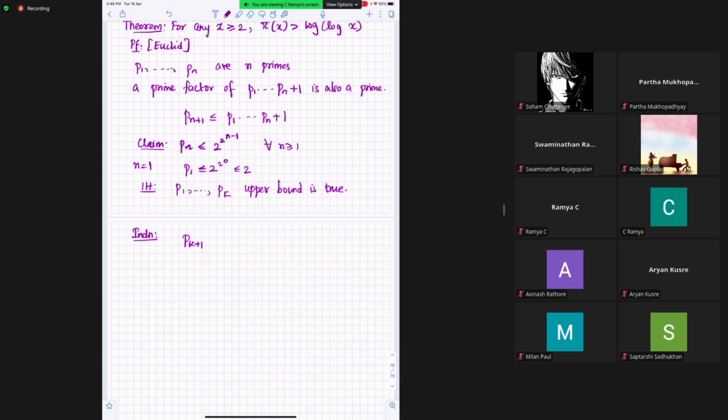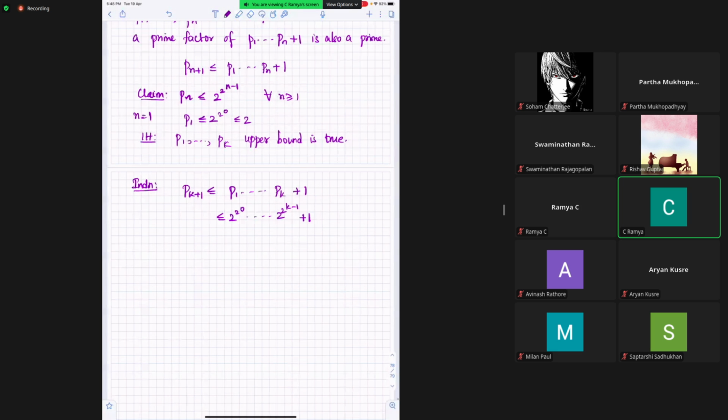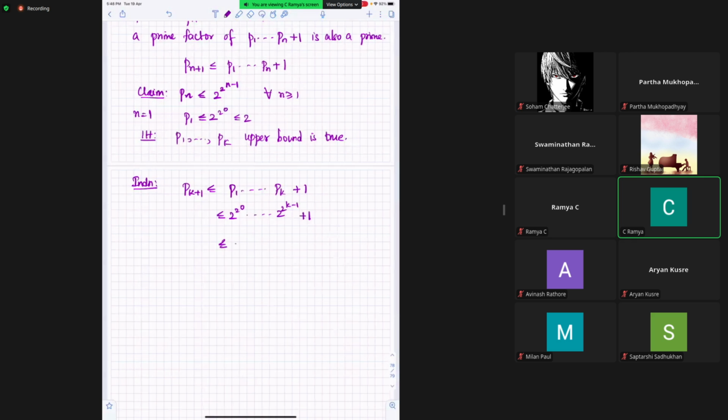It is less than or equal to the product P1 to Pk plus 1. So now I can just use the inductive hypothesis. Plus 1. And then this is 1 plus 2 plus 1.